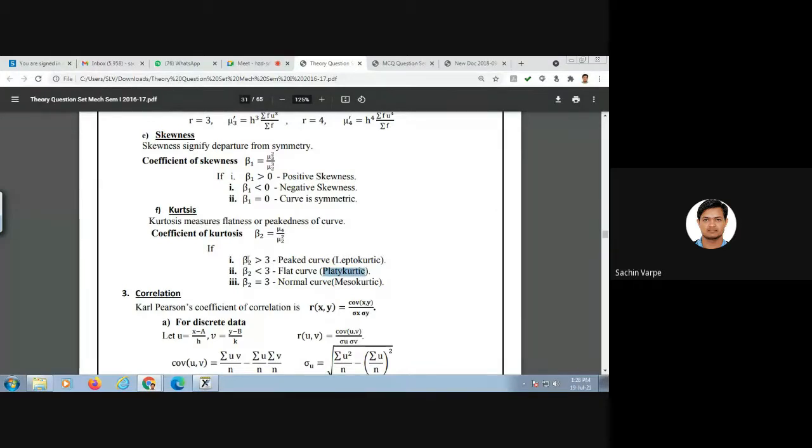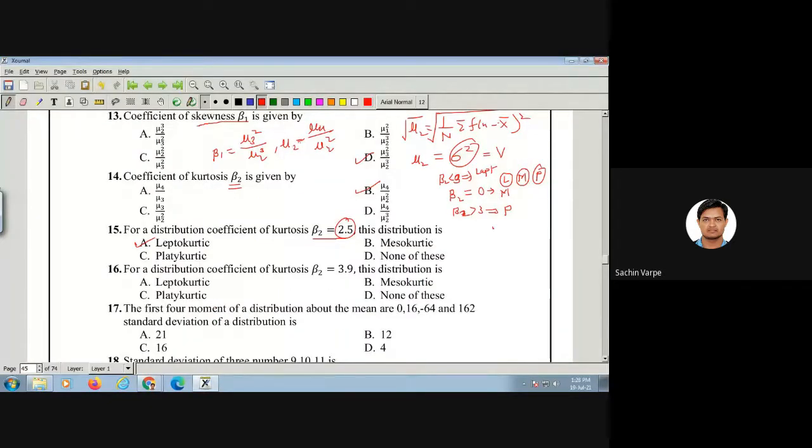And if beta 2 is greater than 3, then the curve is a peaked curve, leptokurtic. More peaked, or normal, or a completely flat curve. So this is platykurtic, this is mesokurtic, and this is leptokurtic. A flat curve is called platykurtic.